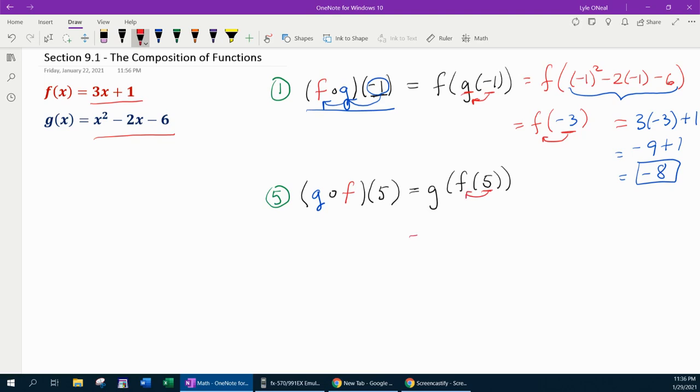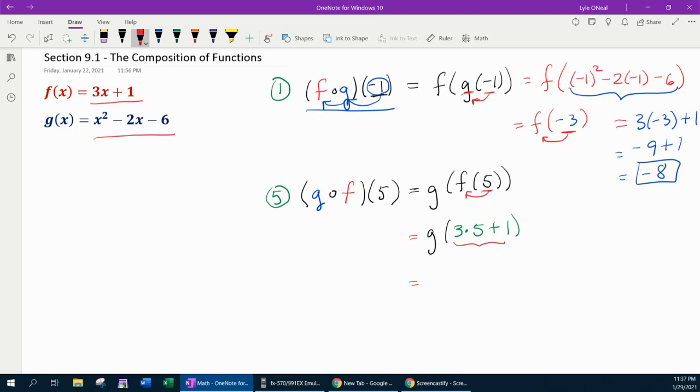So here the first step is to plug 5 into f. Go into f of x. We're going to have g of 3 times 5 plus 1. And then we need to work that out. Okay, 3 times 5, that's 15 plus 1 is 16.